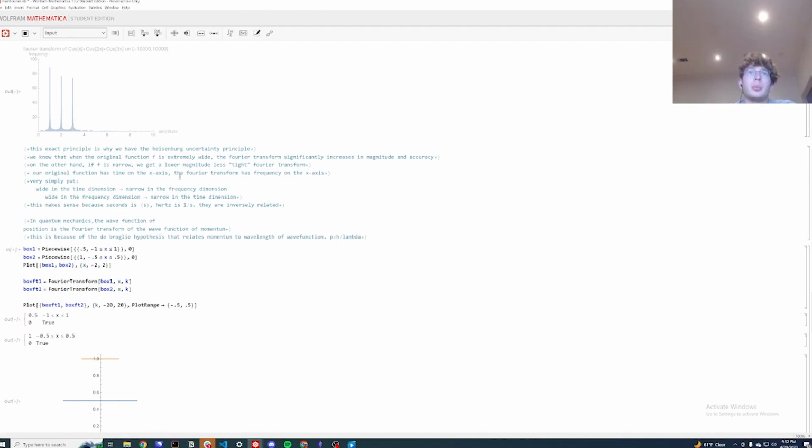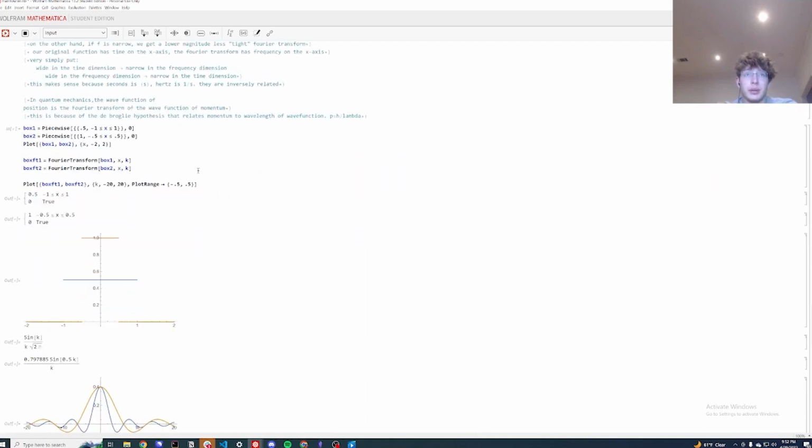According to de Broglie's hypothesis, which is p equals Planck's constant over the wavelength, it essentially relates position to momentum. This is a theorem I don't really understand outside of the formula and how it relates to this, but that is kind of what relates momentum and position of wave functions of particles. If we come down here, we can see we have two different wave functions.